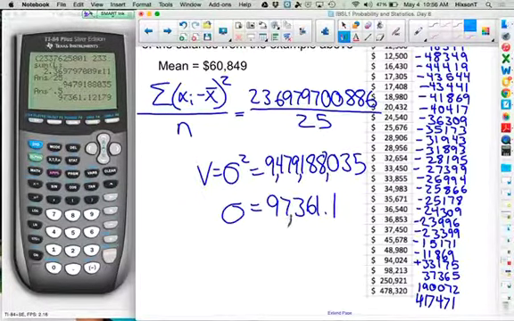So the standard deviation is 97,361.1. We'll do one or two decimals since we're talking about money.